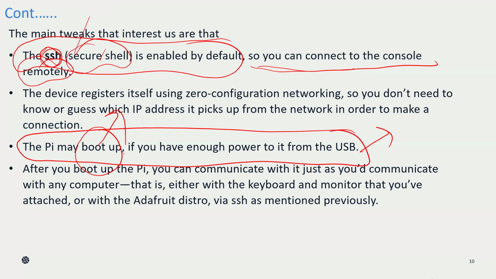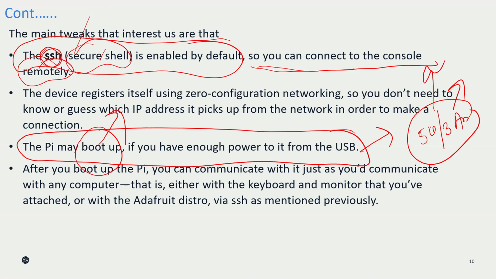Okay, and then you need to provide a good power supply. But don't supply more than 5 volts or more than 3 amperes of current. If you apply more than these two, then your board will be blasted, because they are not giving any protection.